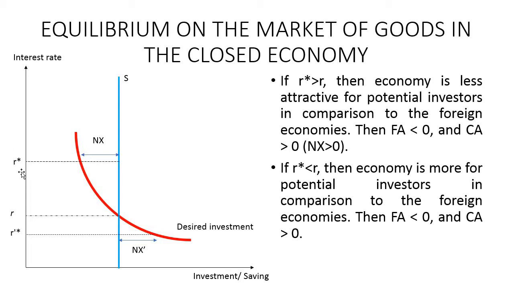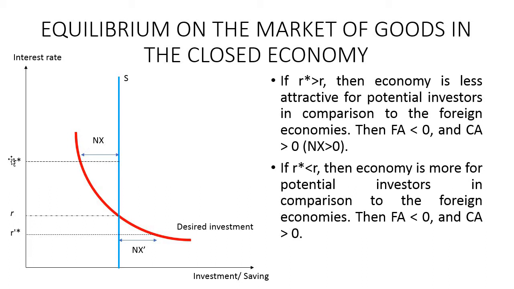So world interest rate is an exogenous variable in this case. So for this interest rate, we have the difference between desired investment and national saving, and this difference stands for net exports.